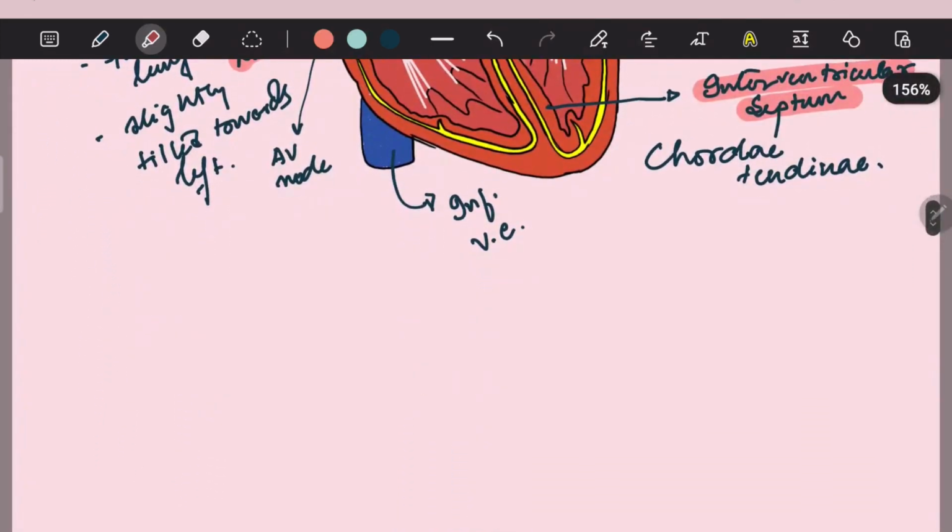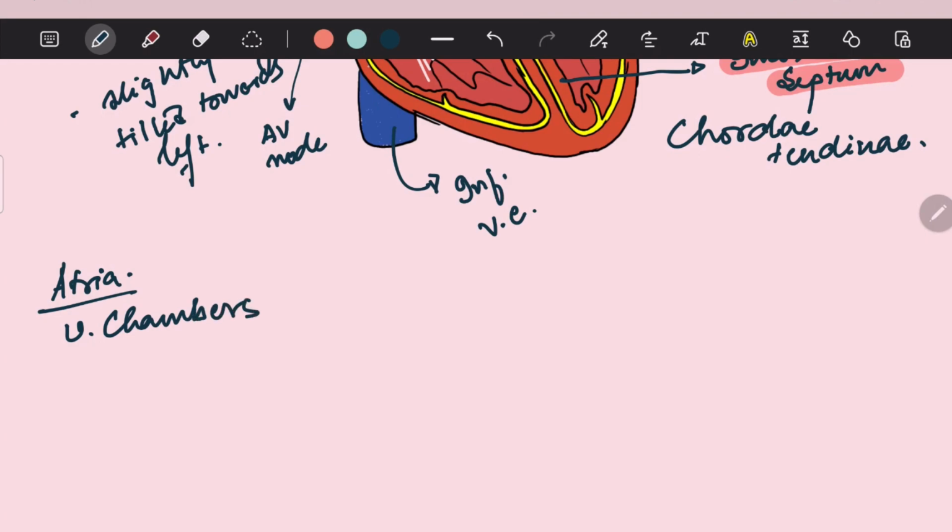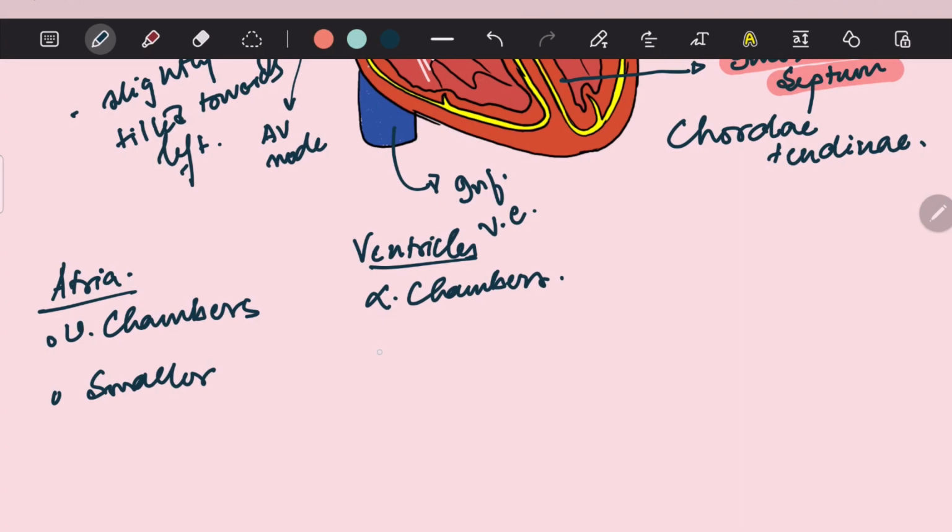Now, some general facts about the atria and the ventricles: the atria are the upper chambers and the ventricles are the lower chambers. Secondly, the atria are smaller in size than the ventricles. Third, the walls of the ventricles are thicker as compared to the atria.